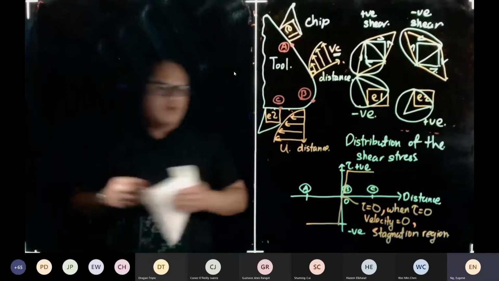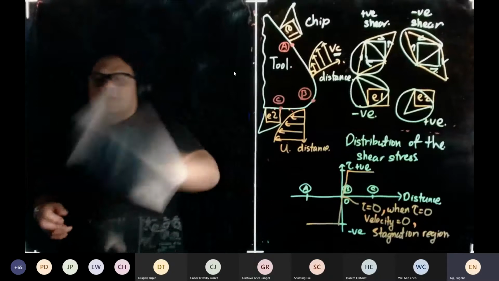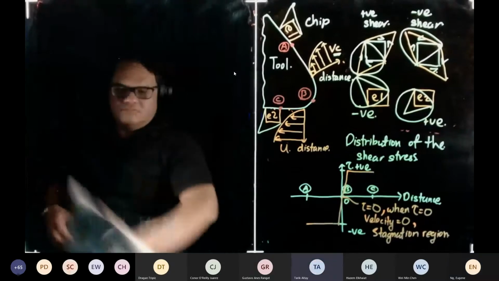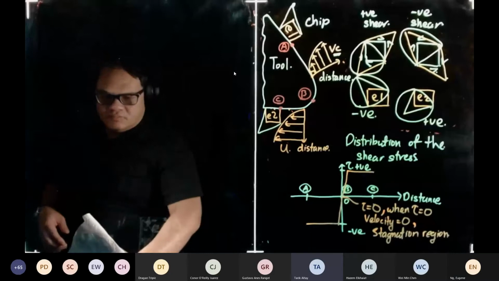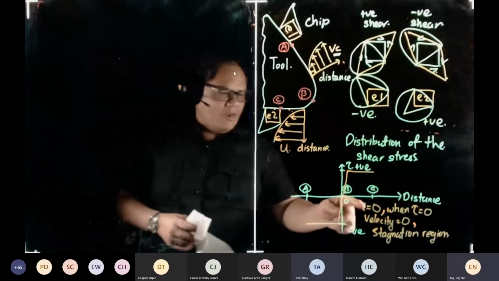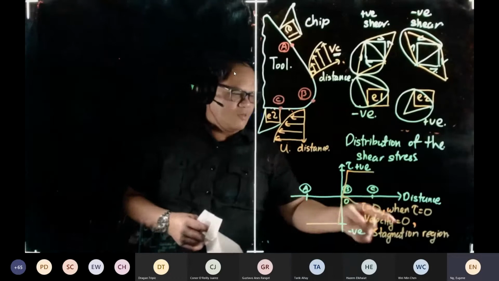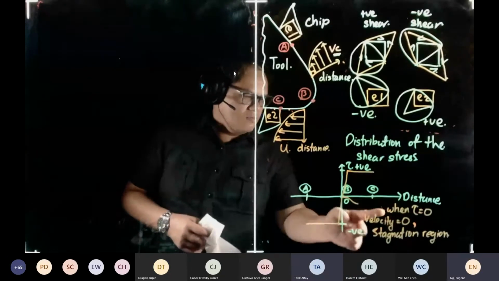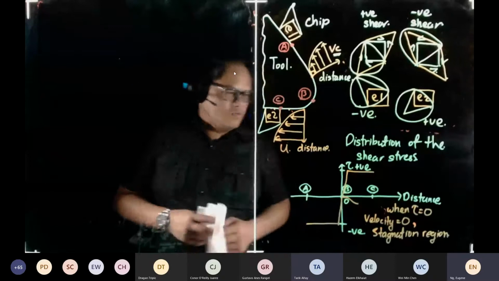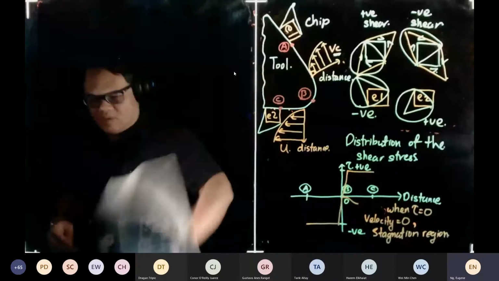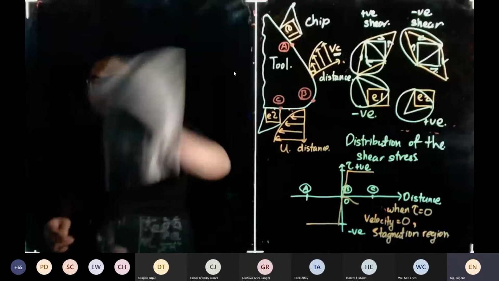Professor, it also looks like you wrote shear equals 0 on the graph. Is that supposed to be distance? No. When shear is equal to 0, I wrote that twice. All right, thank you.